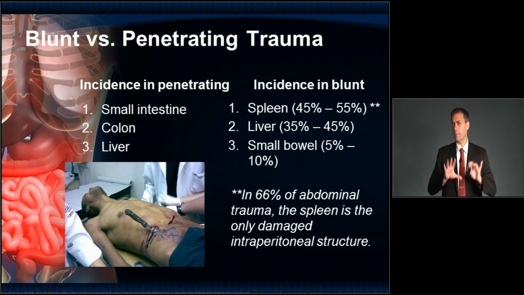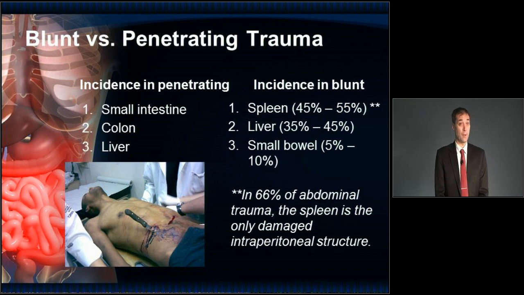So let's talk a little bit about overlying principles having to do with abdominal trauma. When we look at penetrating trauma, so gunshots and stabbings and the like, you can see on the screen the incidence of abdominal organs that are injured from first to third. The small intestine is the most likely to be injured in penetrating trauma, followed by the colon, and the liver is number 3.